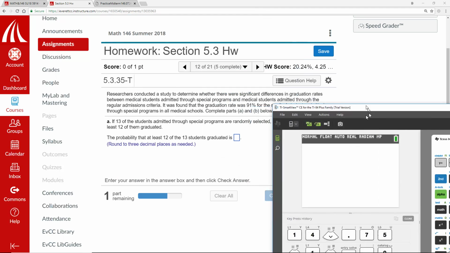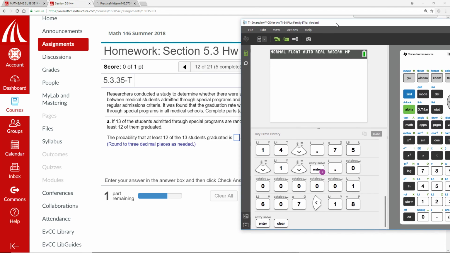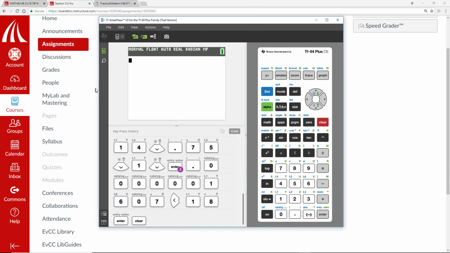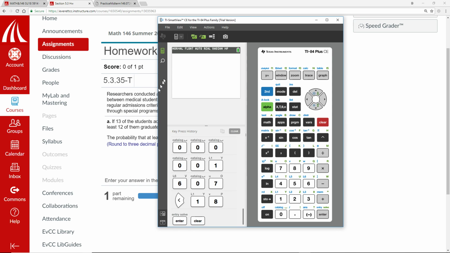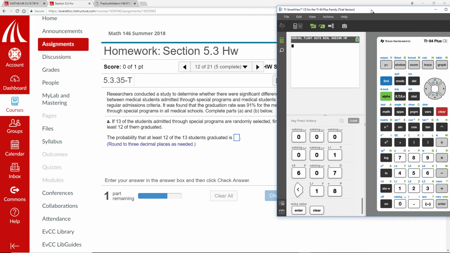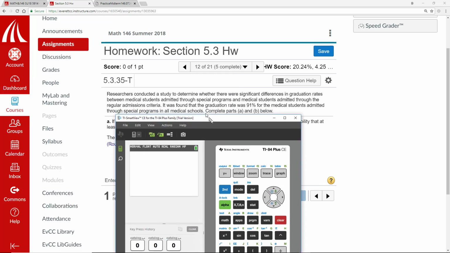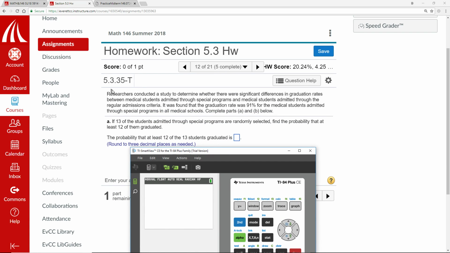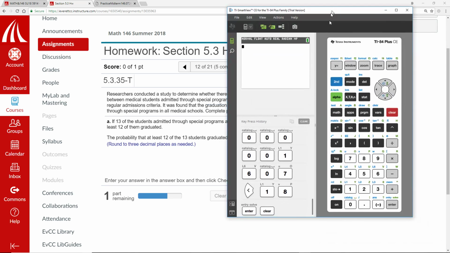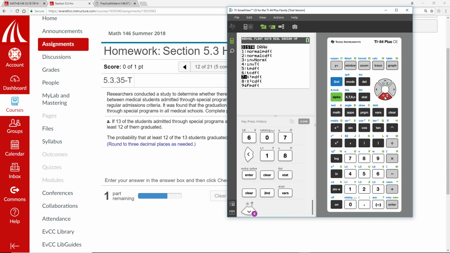So here we go. We're going to start it off right here. I want to be able to see everything here. Now, let's get started. It says there's 13 students, so first I need to go to second distribute, go all the way down to A, binomial PDF.